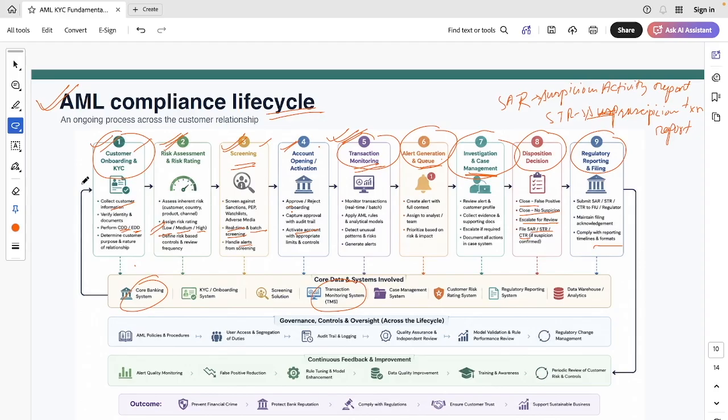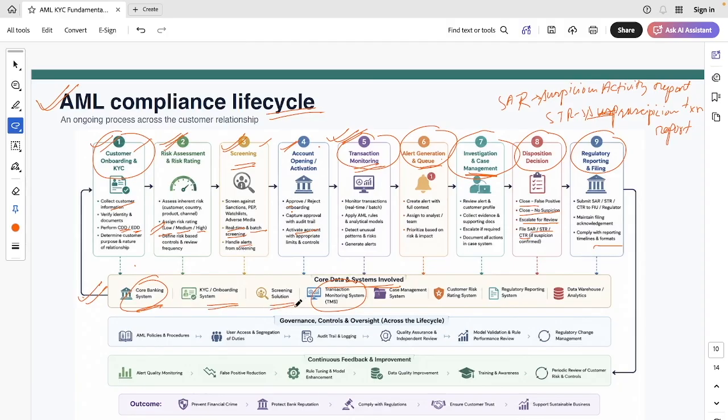So this is how the end-to-end flow of the whole AML compliance looks like in the banking system. Now, look at the middle layer of this diagram. There is a core data layer, where the core data systems are involved. This is very important from a banking system point of view. Core banking system holds your customer accounts and transactions. The KYC system manages the onboarding and due diligence.